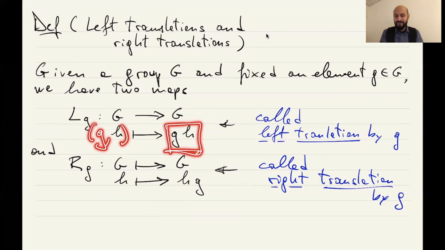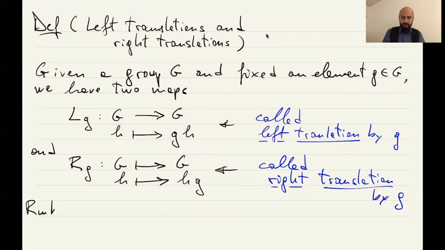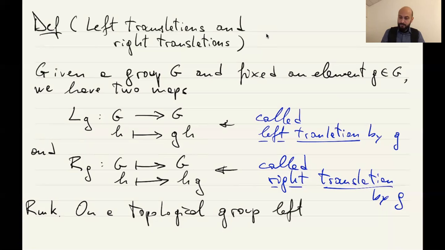So now if we fix g and see it as a map only in h, then this mapping is continuous in particular. So as a remark, on a topological group, left and right translations are continuous.